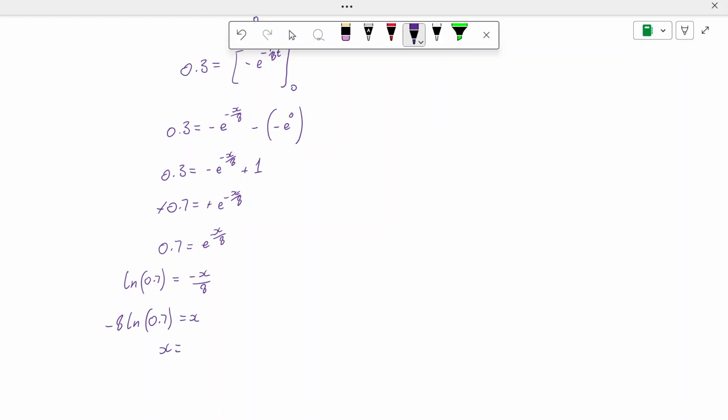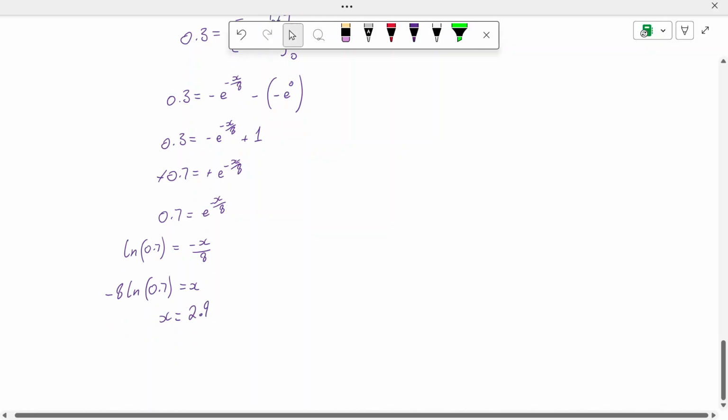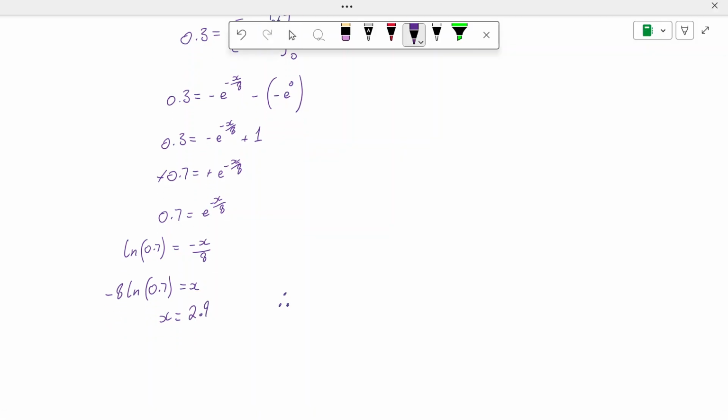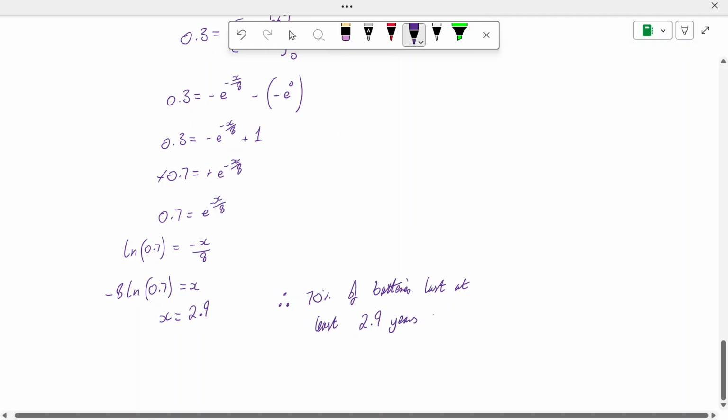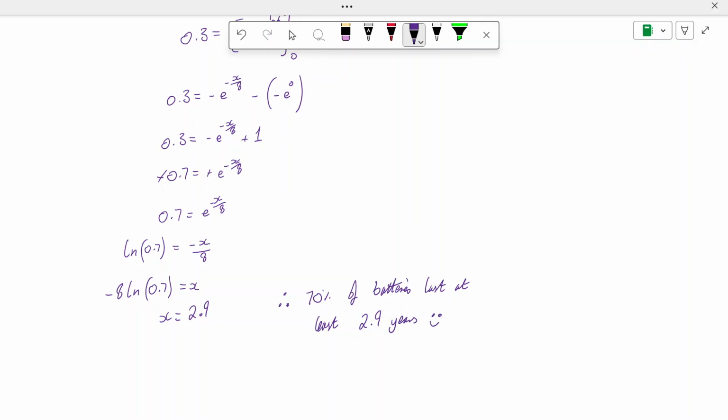I put that into my calculator and I get x equals 2.9. So this means that 70% of batteries last for at least 2.9 years. Nice and easy, done.